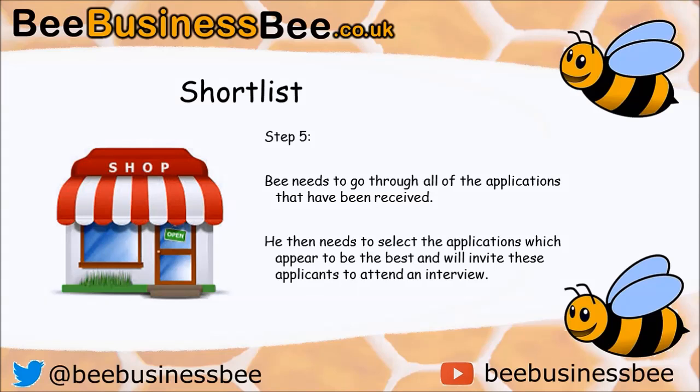So what Bee will do is look at who filled the application form incorrectly, who filled their CV incorrectly, and also maybe who completed the best covering letter, and then pile up those people who Bee believes have the best possible attributes to do the job, and call those to interview. They have made the shortlist. All the other candidates will go in a separate pile and won't be asked to attend an interview.